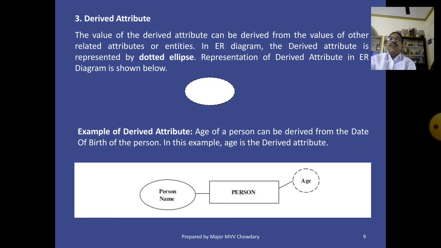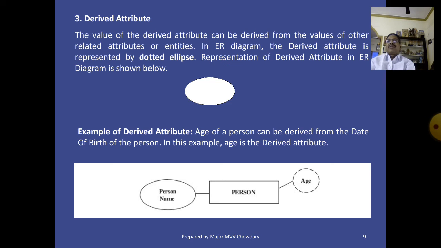Next one is derived attribute. The value of a derived attribute can be derived from the values of other related attributes or entities. In the diagram, the derived attribute, that is age, is represented by a dotted ellipse.